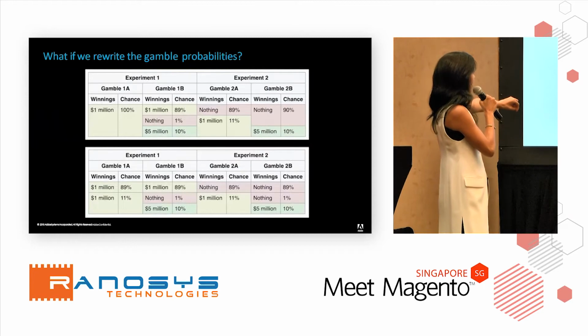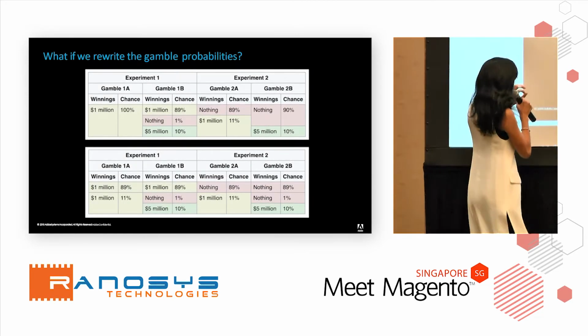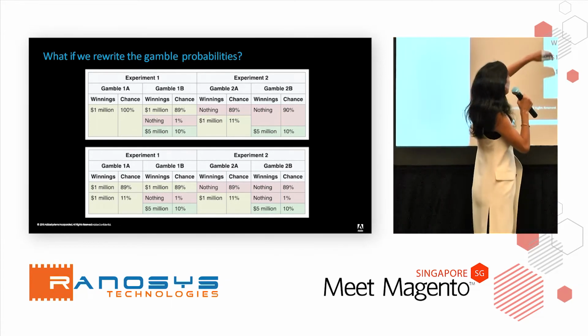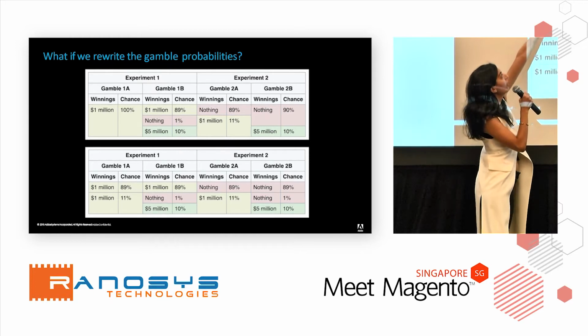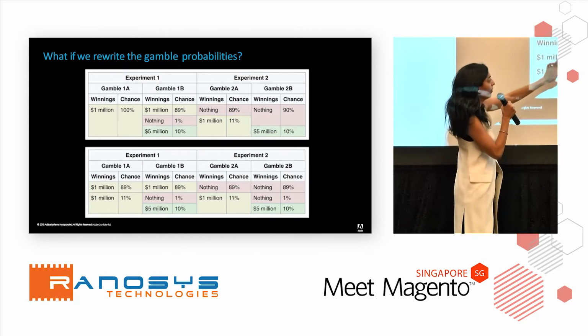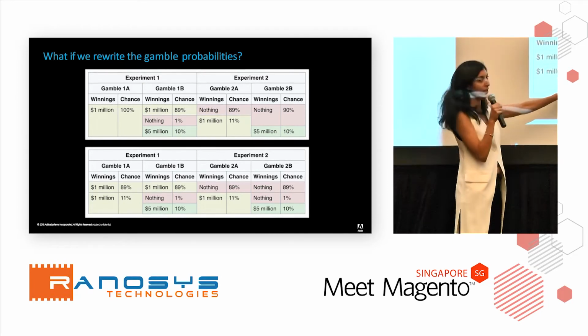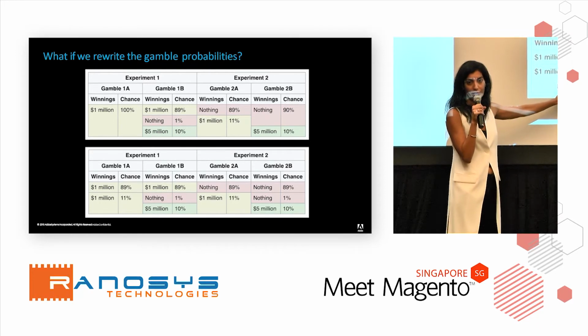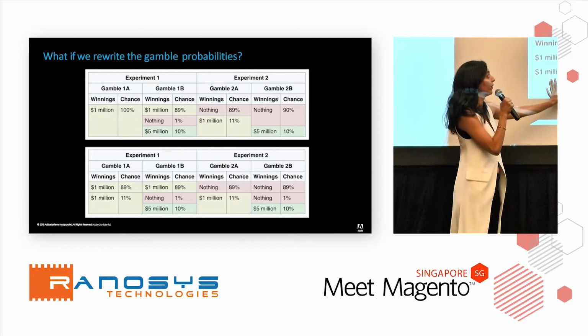Yep, great. Okay, so now I'm going to show you something very, very simple. I'm just going to split this box. So this is $1 million, 100% chance. I'm going to split it into $1 million, 89% chance, or $1 million, 11% chance. I really didn't change anything. I just rewrote gambling strategy 1A into this.